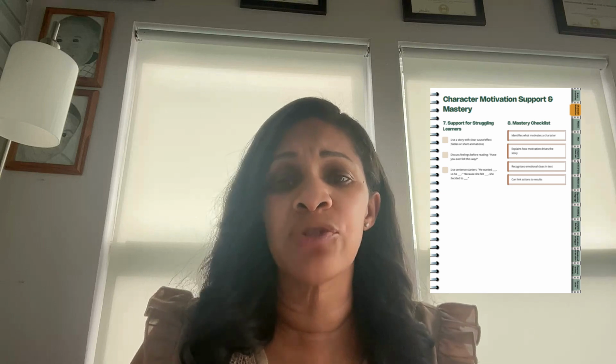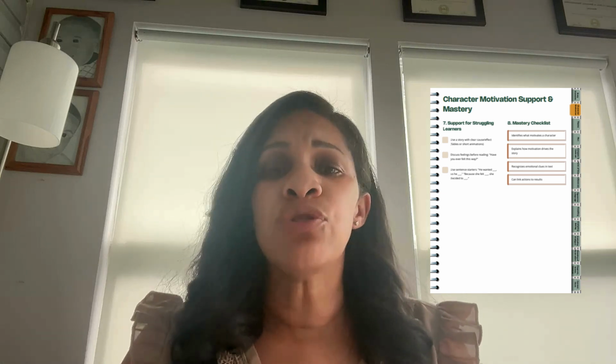These are all different questions. And if your child is struggling and they need some extra support, make sure you use a story with a clear cause and effect. Fables and short animations are great for this. Discuss feelings before reading. Have you ever felt this way? And you can always use sentence starters. He wanted blank, so he blank. Because she felt blank, she decided to blank.